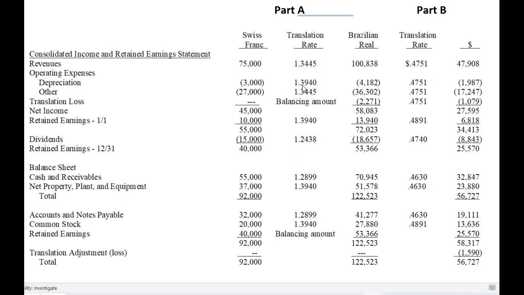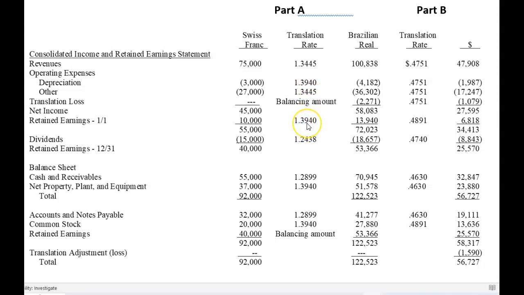For depreciation, you're going to use the historical rate that matches up with the property purchases that this depreciation relates to. So as of the beginning of the period, you would use the 1.394. There weren't any changes in the property, plant, equipment account itself. So that's the assumption we can make here.